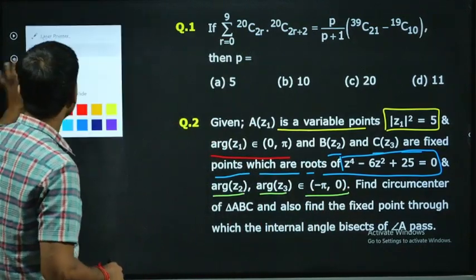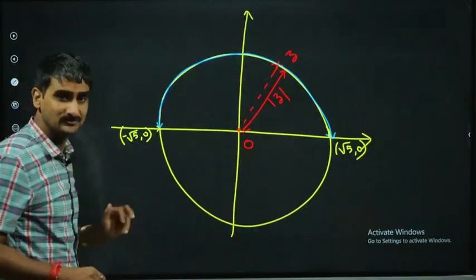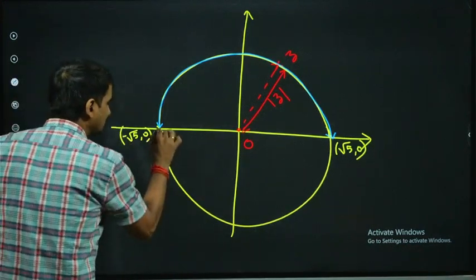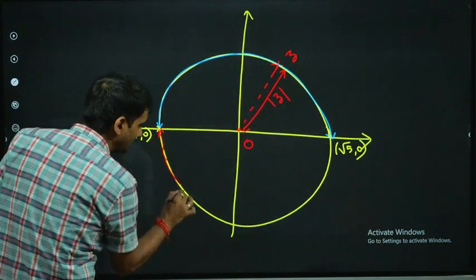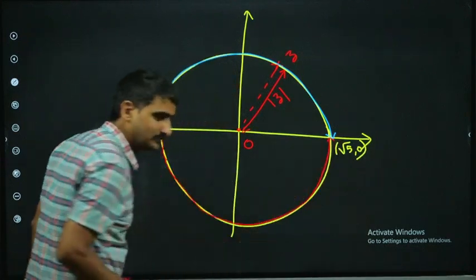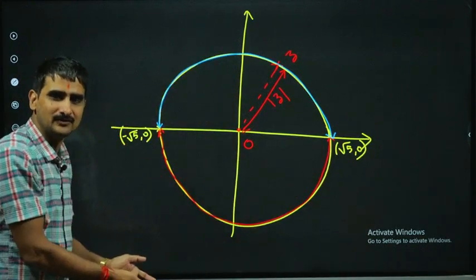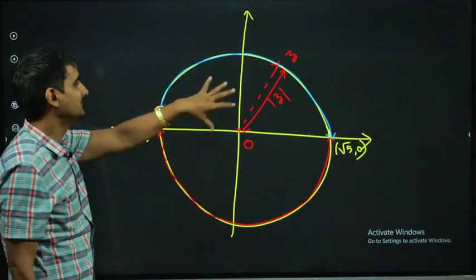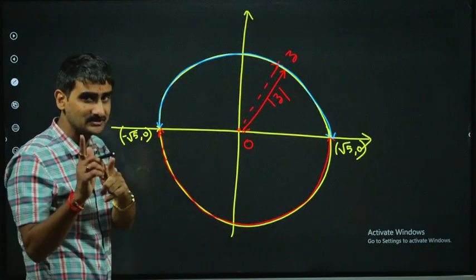Argument of z2 and z3 is from minus pi to 0. Now what does that mean? That simply means that z2 and z3 lie on the lower half of this circle, I mean below the real axis, and z1 is a variable point while z2, z3 are the fixed points.